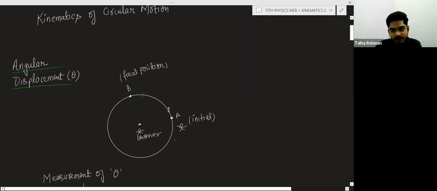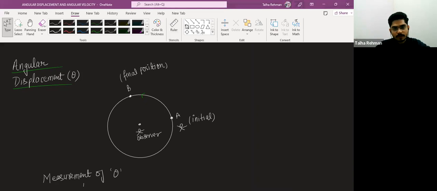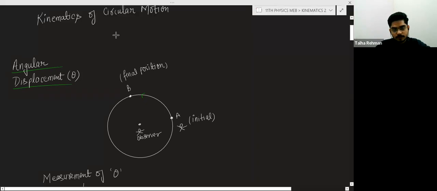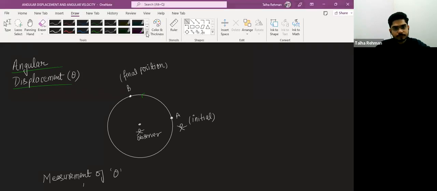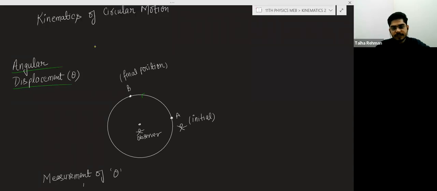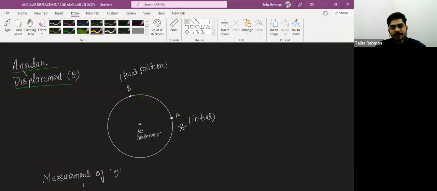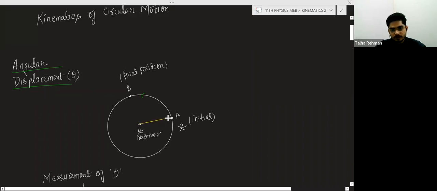This person is moving in an anti-clockwise direction from A to B on a circular path. Initially the person is at A, finally the person reached point B. So the initial point is this and the final point is this.